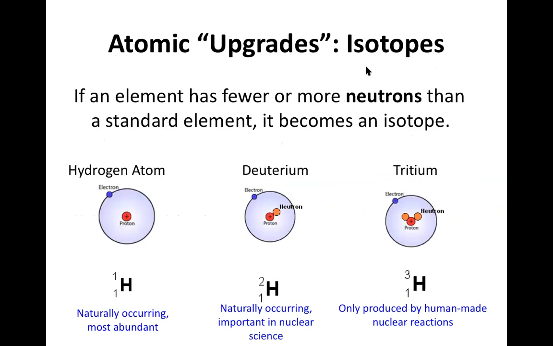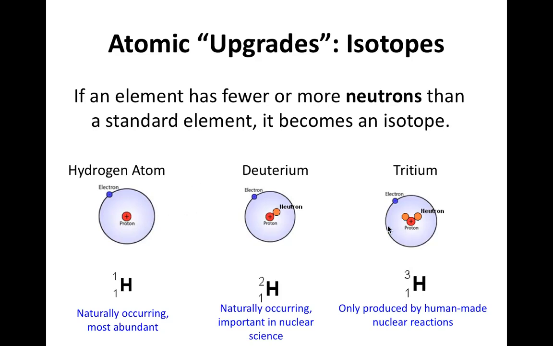But then there's other, I call these atomic upgrades, like changing it from its base, regular version from the periodic table. So instead of changing the electrons, we could change the number of neutrons. If we change the number of neutrons, those variations of the element are called isotopes.